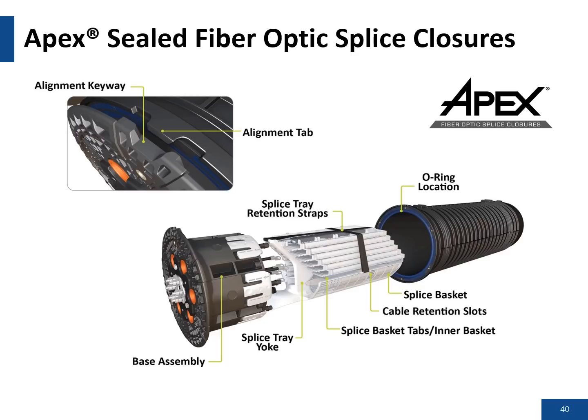They'll have baskets for mid-cable access, and they'll have splice trays that will accommodate either single fusion or mass fusion. They also have a sealing method to assure that there's no leaks, so that you can actually flash test them to determine that you've got a good seal on the cable entry points as well as the O-ring that seals the base assembly to the dome.